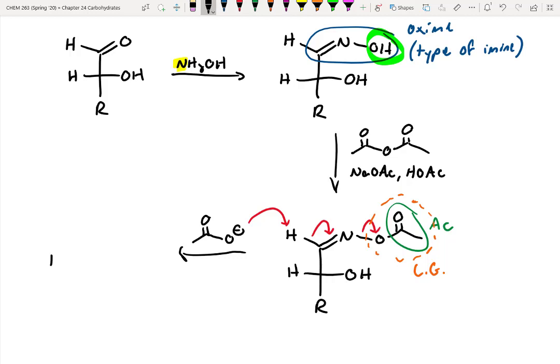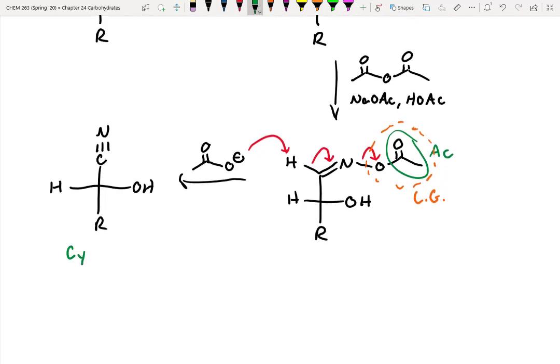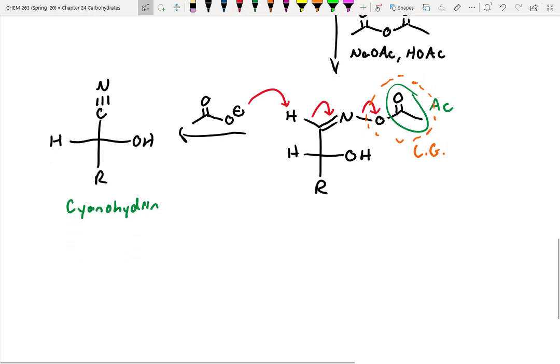And the product that we make looks pretty familiar. It looks a lot like the reaction we saw above, where we've got a cyanohydrin. Whoops, this should be an OH group. So we've created our cyanohydrin. But in this step, we can actually kick off that nitrile by using a base.